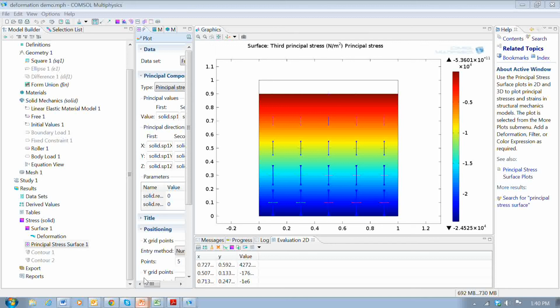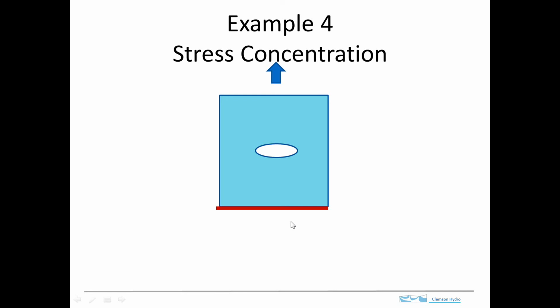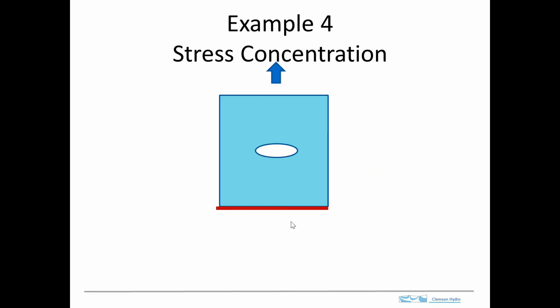Let's go back to the PowerPoint. These examples are just for uniform blocks, but there's an important example that we should look at where the block has a hole in it, and this will cause stresses to be concentrated.